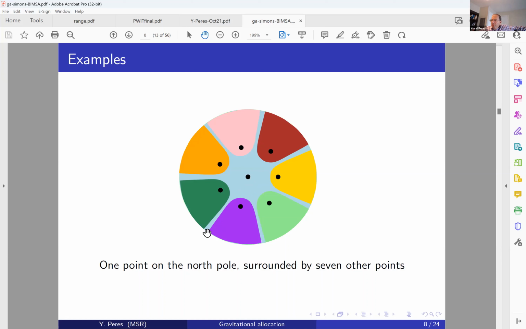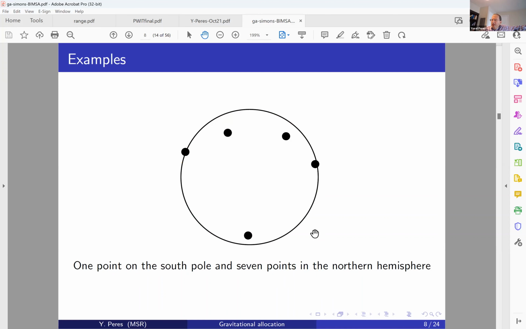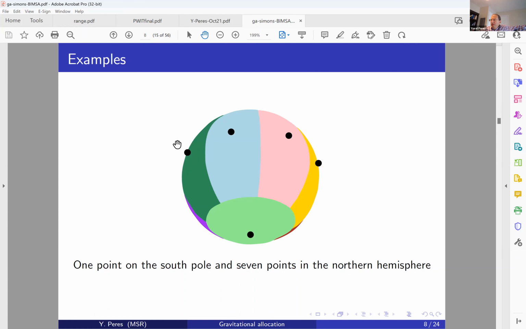Even points from quite far away will go to the center, because the other gravitational forces balance, and when you calculate the areas, they're all equal. Another surprising case is an isolated point at the South Pole and a lot of points at the North Pole. It seems like its basin of attraction might be bigger than the others, but it's not, because the points at the North Pole bunch together and pull points that are closer to the South Pole up.